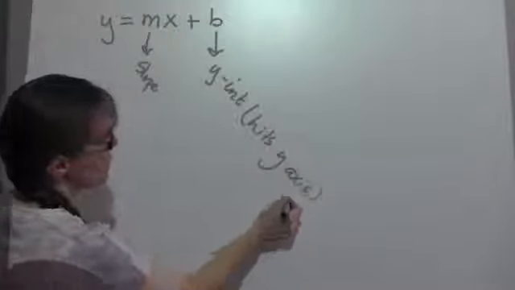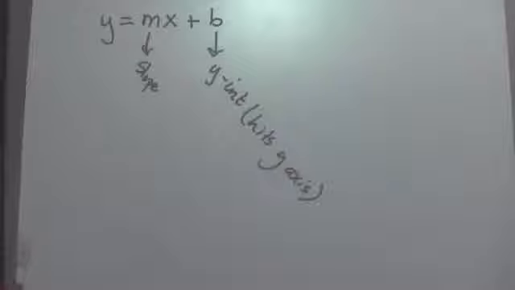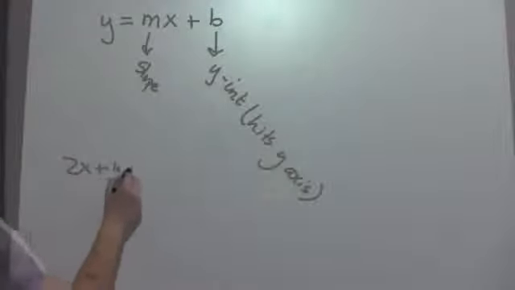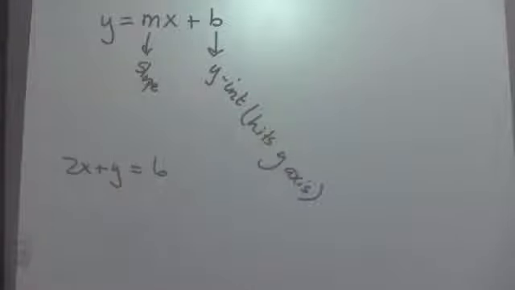What's nice about slope-intercept form is that it's easier to graph from this form than it is to graph from a table of values. So for instance, if I had 2x plus y equals 6, I could use the table of values and come up with a few ordered pairs.